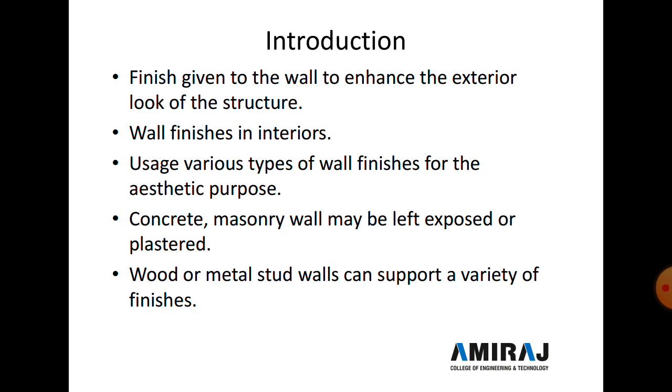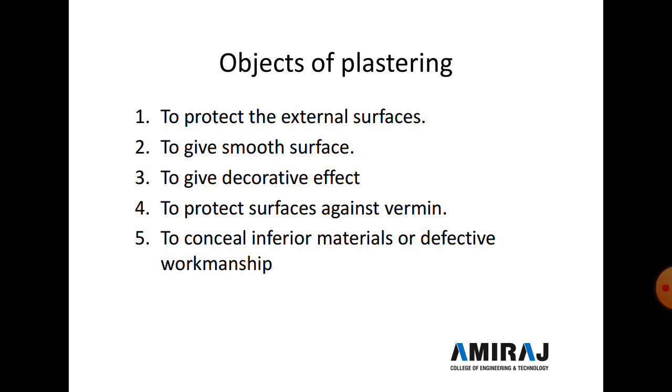To protect the wall from the atmosphere. So here the different objects of plastering are given. First, to protect the external surface against the penetration of rainwater and other atmospheric agents. Second is to give a smooth surface on which dust and dirt cannot lodge, and third is to give a decorative effect. As you see in plaster work, different types of plaster are seen on the face of the wall.